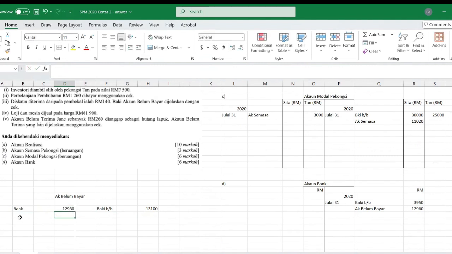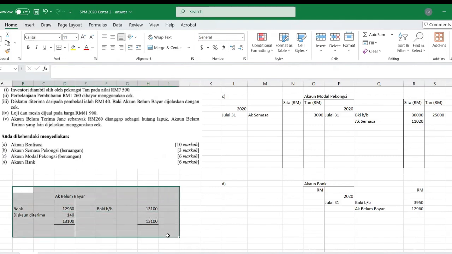And with the discount diterima, discount received 140. Now this account belum bayar is settled. Fully paid off, no longer exists. All fully paid off. Okay, so this is not required in the question.